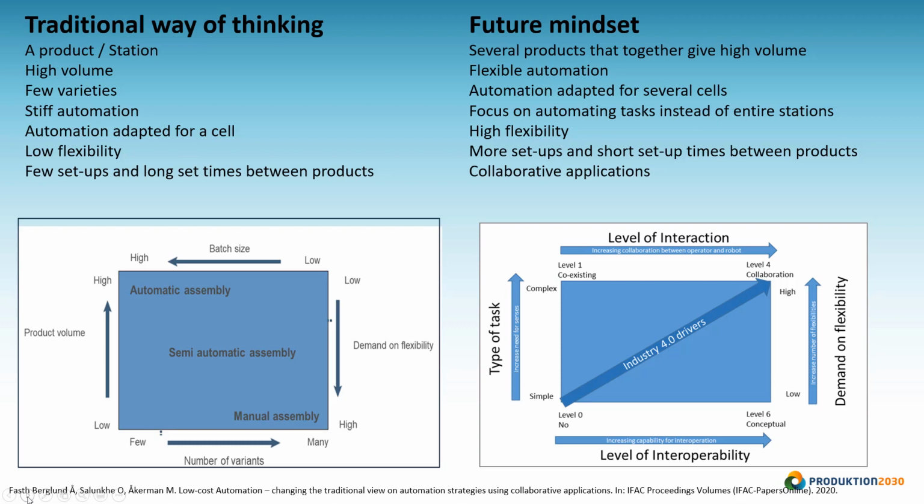Usually, or we see that there is a trend towards increasing flexibility. So you want to have high flexibility and more setups, which means that you need to have shorter setup times between the products. And lately, there is also a trend towards collaborative applications.